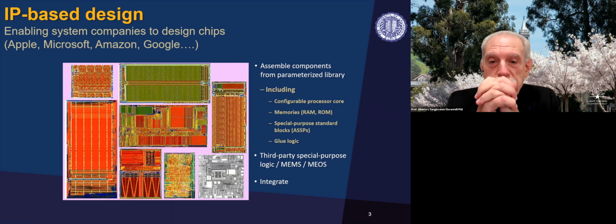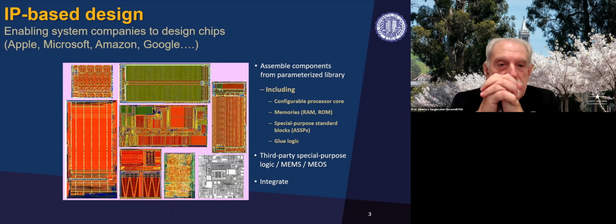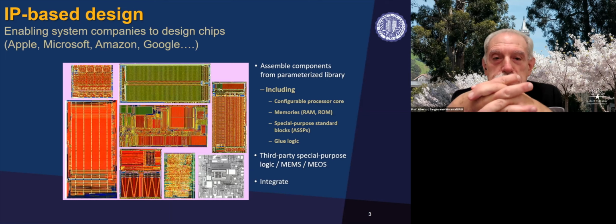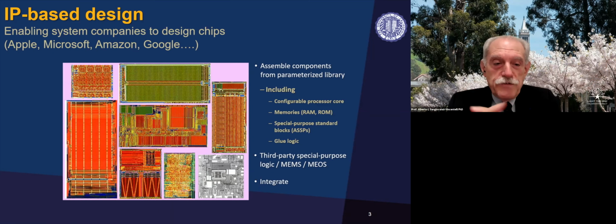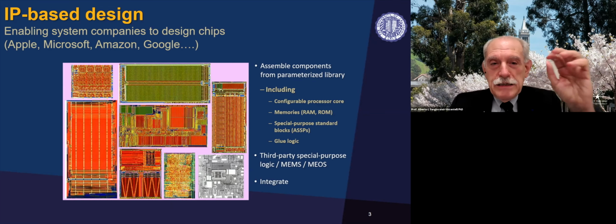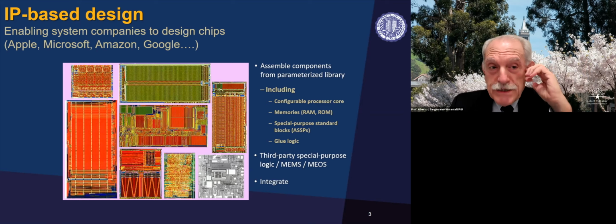Now, if you look at large companies like Apple, Microsoft, Amazon, Google, they never used to design an integrated circuit, now they're all designing these components, so much so that for the electronic design automation industry, they become the largest customers.